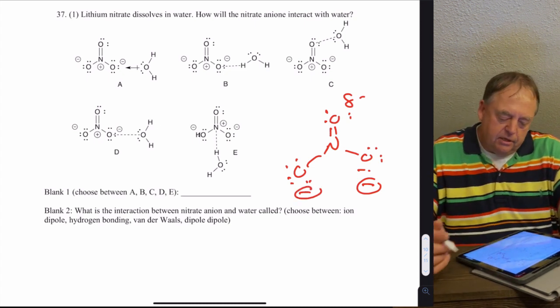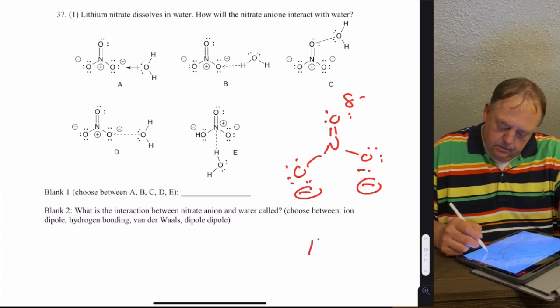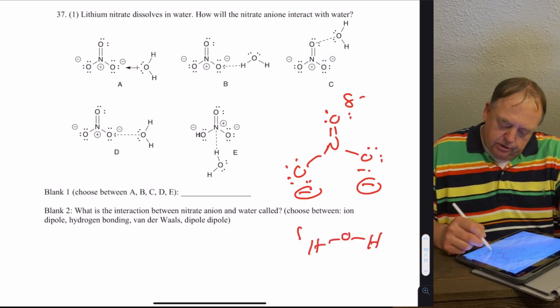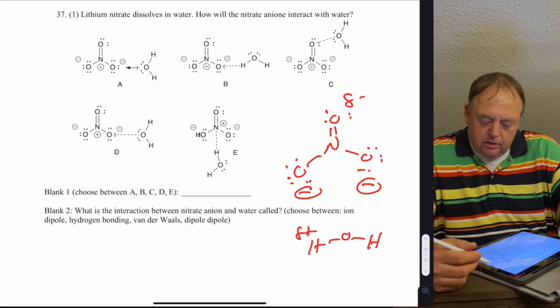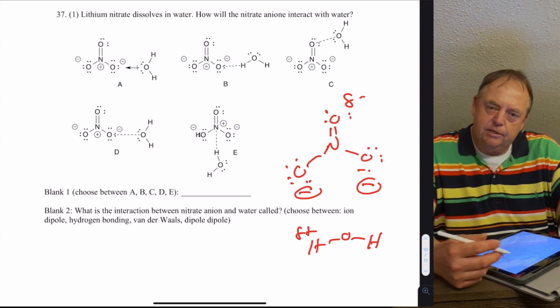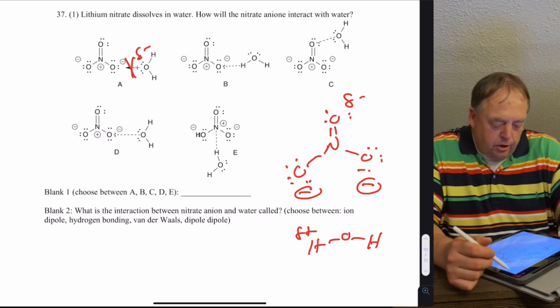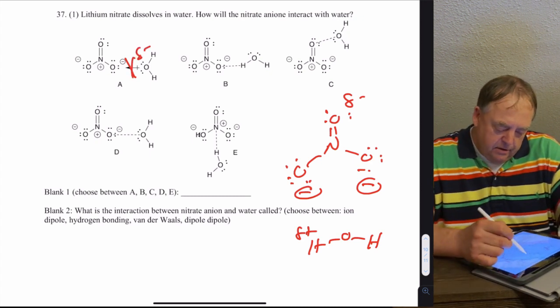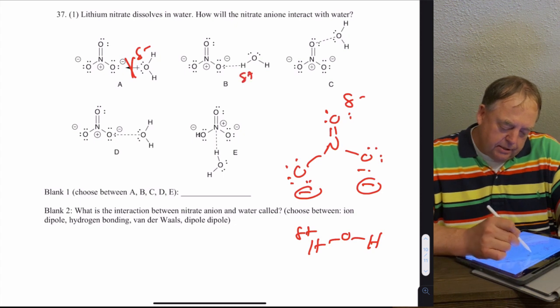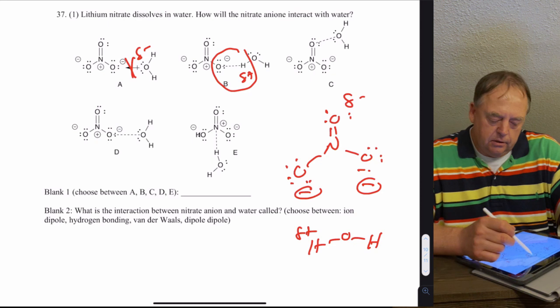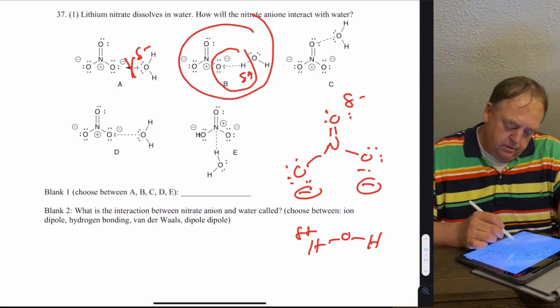So what's positive in water is the hydrogens. So you're just looking for a hydrogen that's hydrogen bonded to oxygen. So that doesn't make sense to have a partial negative oxygen near another oxygen that's negative. This is the one, partial positive hydrogen near a negative oxygen. That would be an attractive interaction. So that's the answer, B.